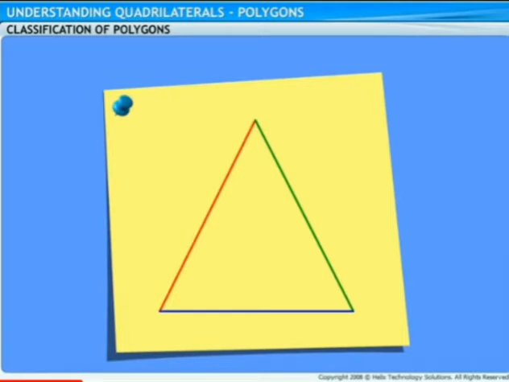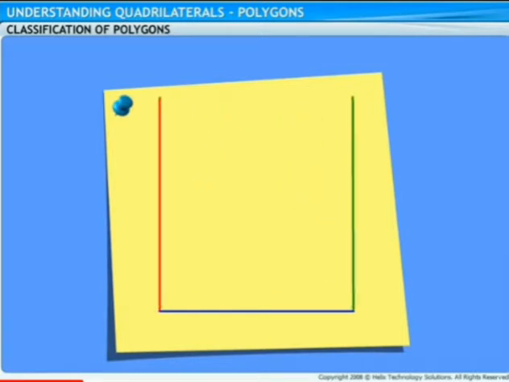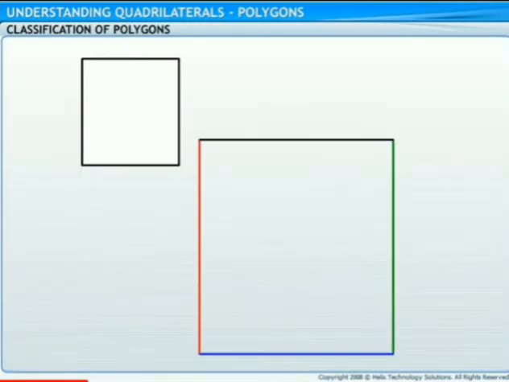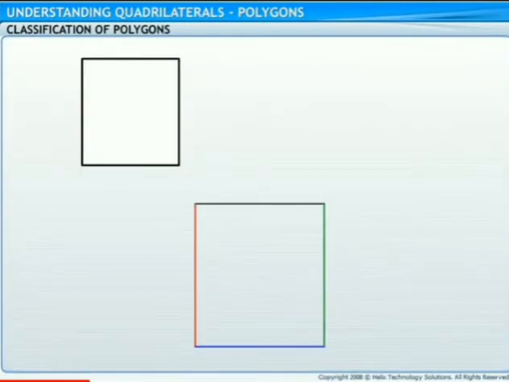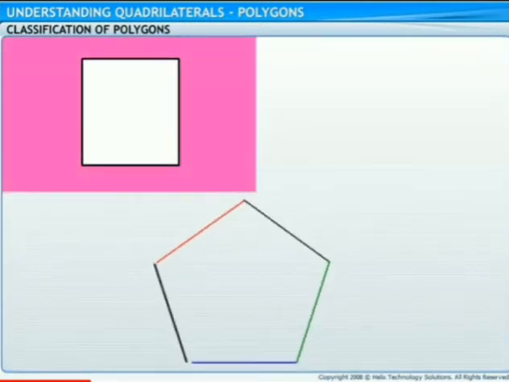If we cut the triangle at one vertex and add a side, it will become a 4-sided polygon, which is called a quadrilateral. Again, if we cut the quadrilateral at one vertex and add another side, it is a polygon of 5 sides, which is generally called a pentagon.